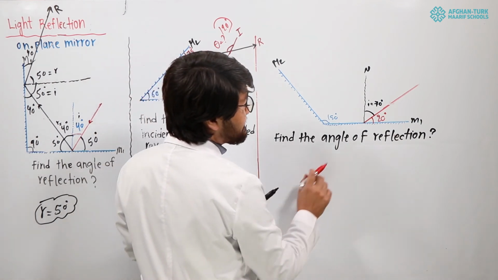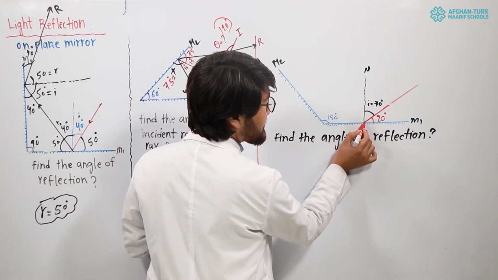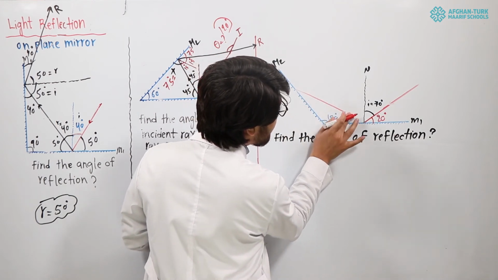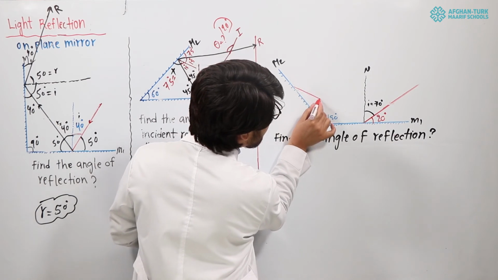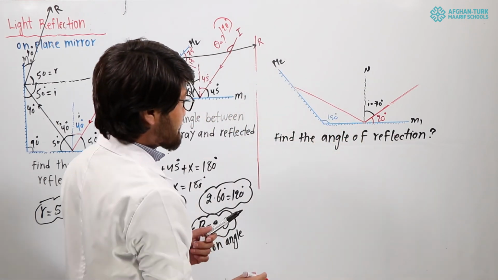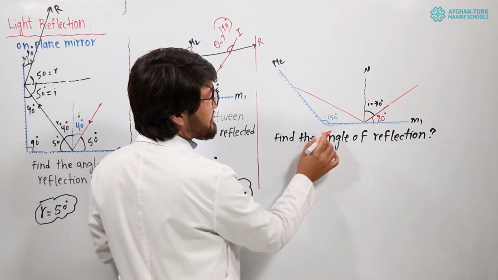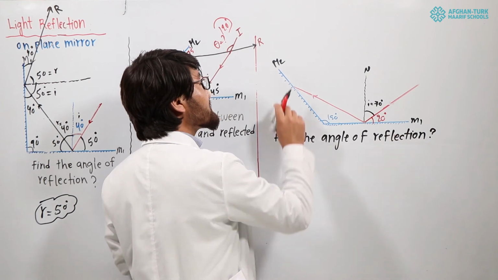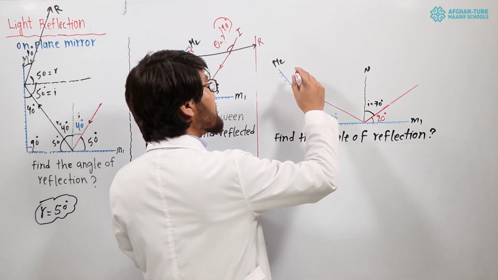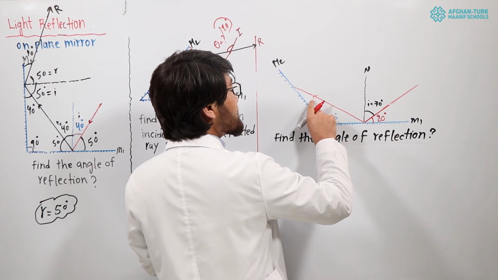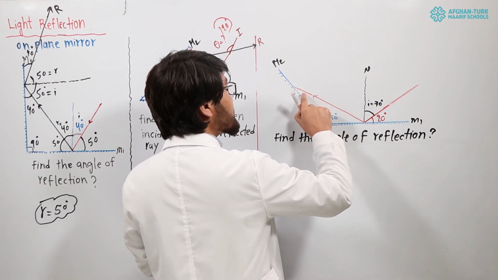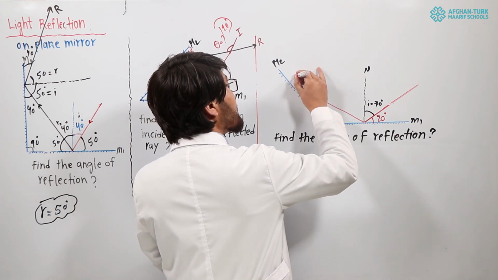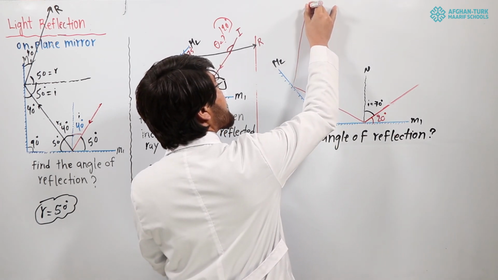And incident ray strikes the surface and then reflects from this surface and strikes the surface of M2. And then finally this incident ray strikes the M2, then reflects from this mirror also.